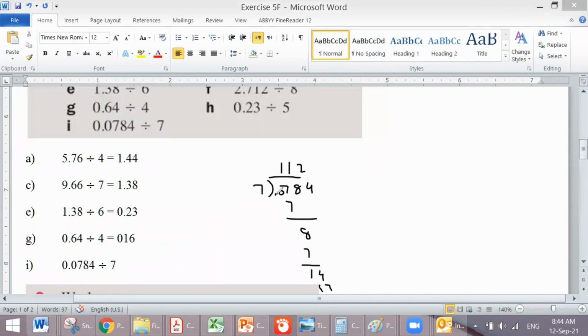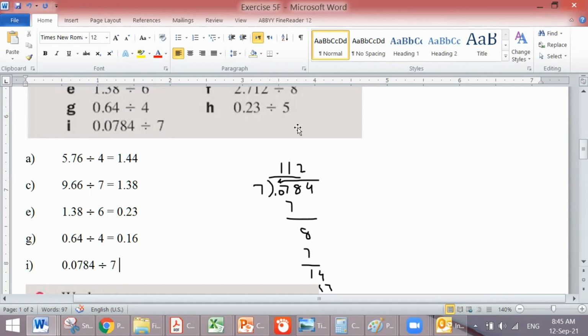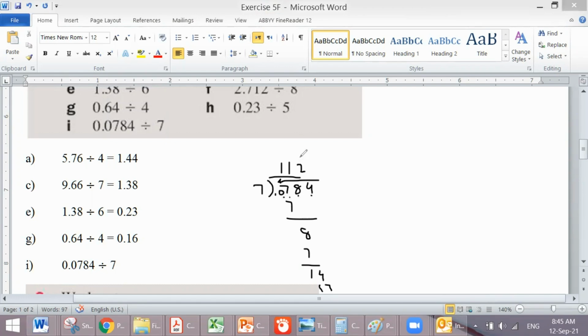Okay, so there are 4 values from right to the left after the decimal point. So where will you have to put the decimal point in the answer? If you count from right to left in the question, there are 4 values, 1, 2, 3 and 4, and then there is the decimal point. So you have to put your decimal point in your answer also, so that after the decimal point there should be 4 values.